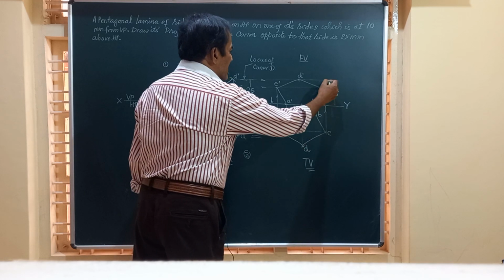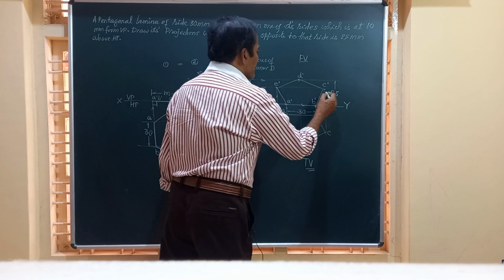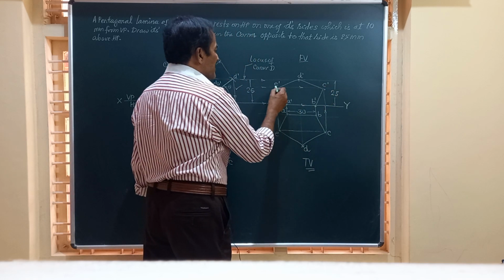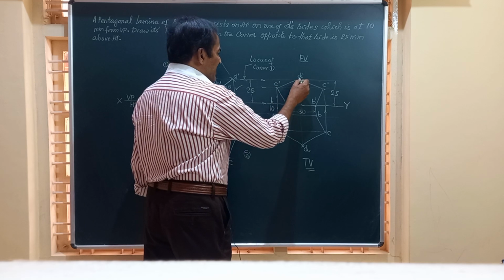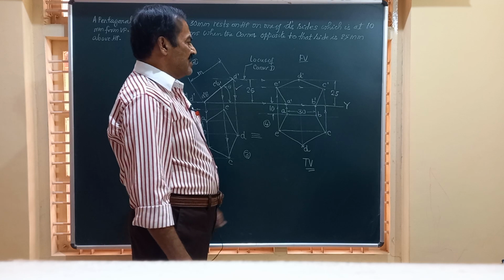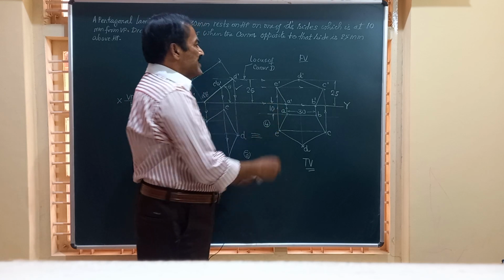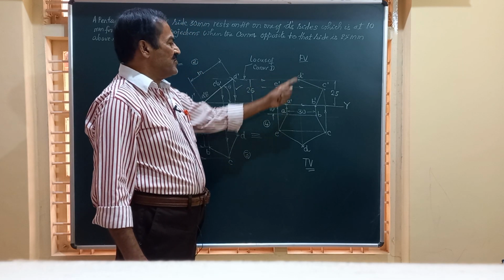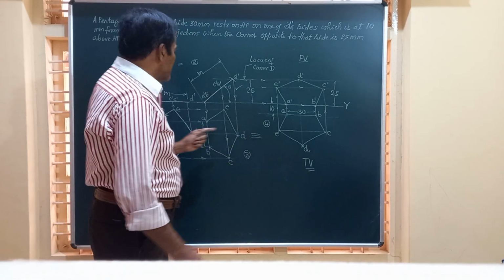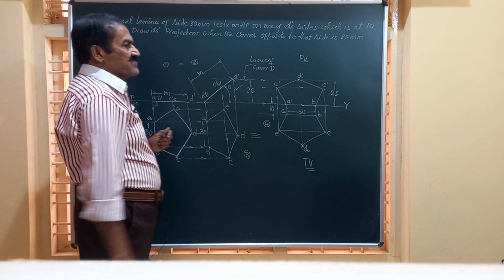Similarly, C: vertical line from C, horizontal line from C dash, meet at this point, so we get C dash. Similarly, E dash and E, and finally exactly in the center of this, you are going to get D dash. And friends, this is how we obtain the final front view and top view of the lamina which is resting on HP on one of the sides.